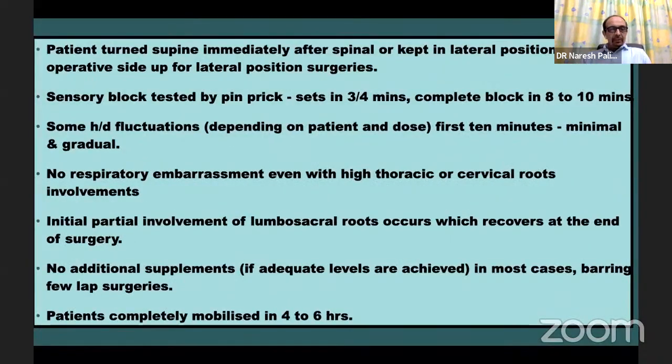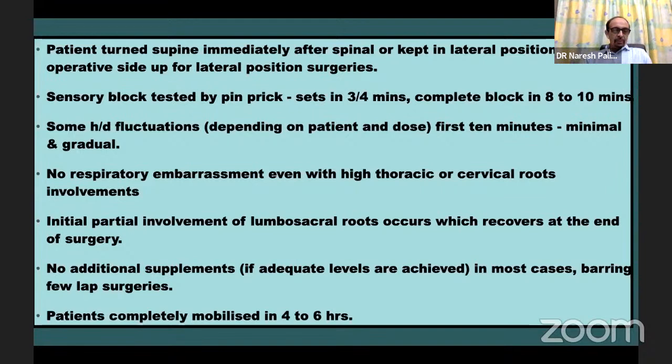The patients usually turn supine immediately after the spinal, or are kept in lateral position with operative side up for lateral position surgeries. Sensory block is tested, which usually sets in 3 to 4 minutes. Some hemodynamic fluctuations can occur depending on the patient and dose in the first 10 minutes, but these are usually minimal and gradual.